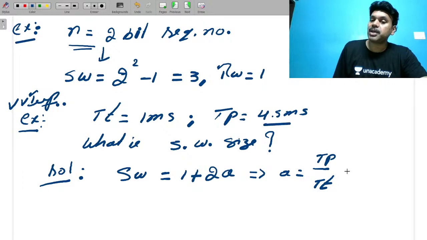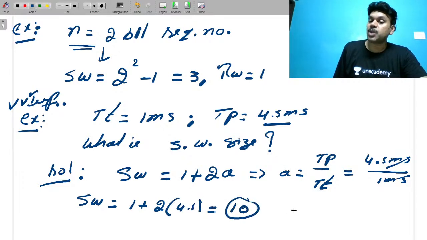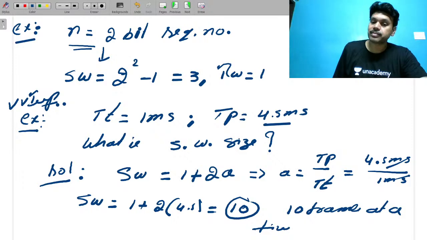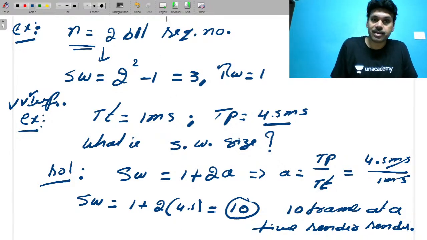What is your TP? 4.5 ms. What is your TT? 1 ms. So your sender window size is 1 plus 2 into a, a is 4.5, so your capacity is 10. What is the meaning of 10? 10 frames at a time the sender can send. This is a second variety to calculate the sender window size.